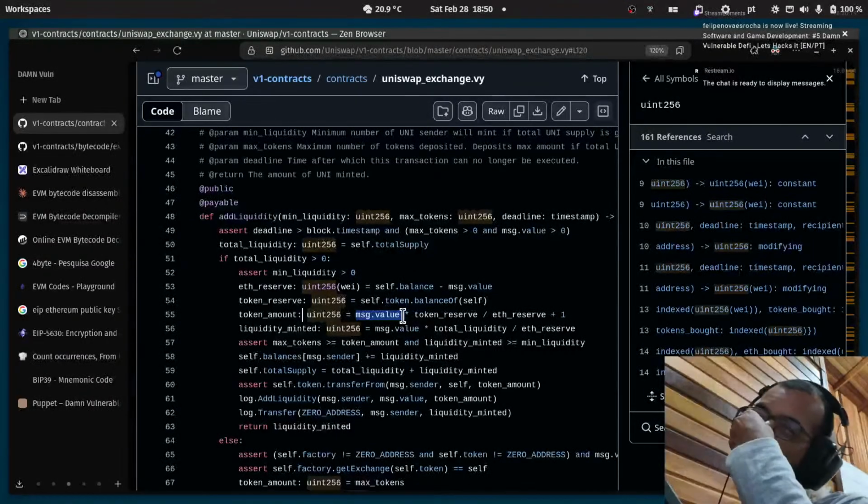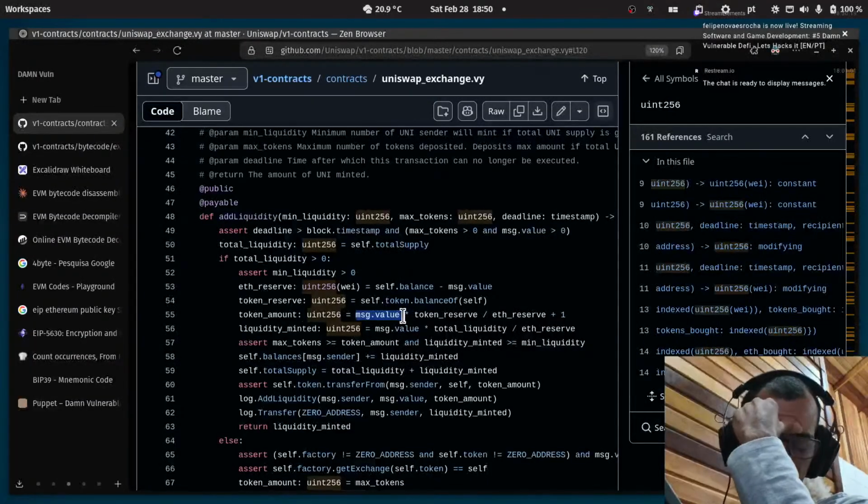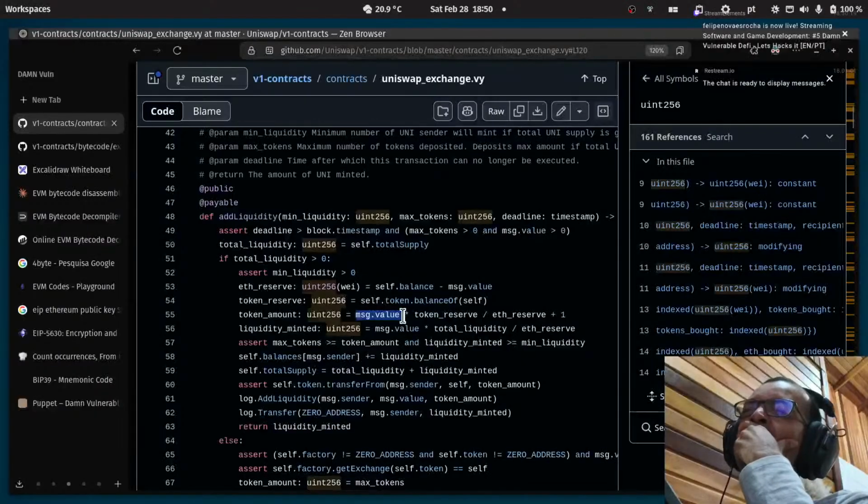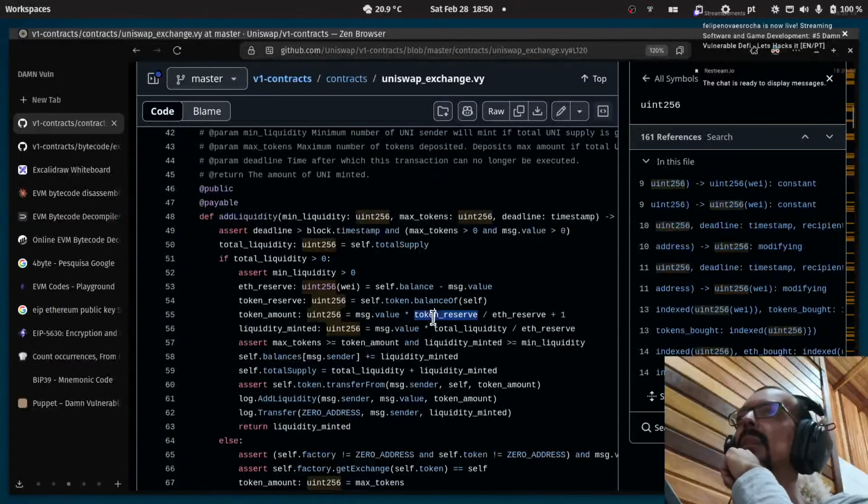Value added, one something +1 token amount. And the liquidity minted should be the total liquidity divided by Ethereum reserve.